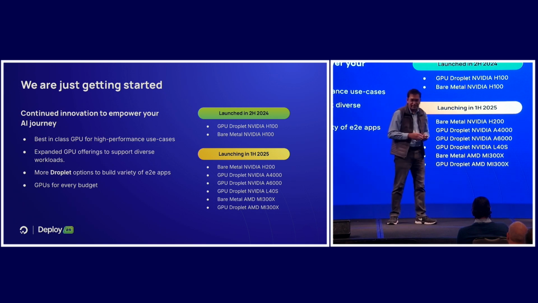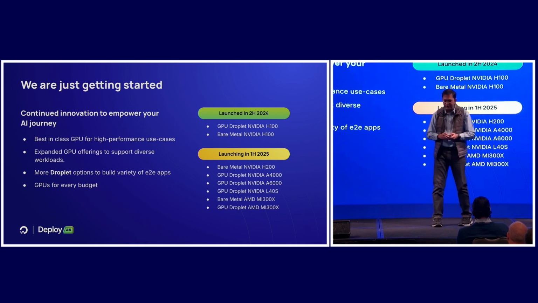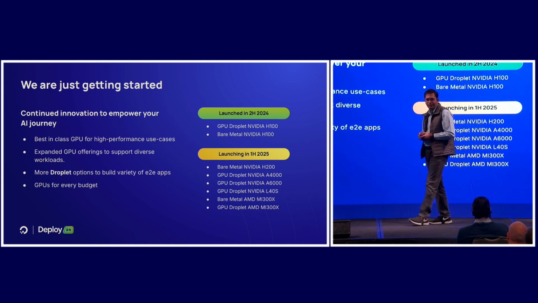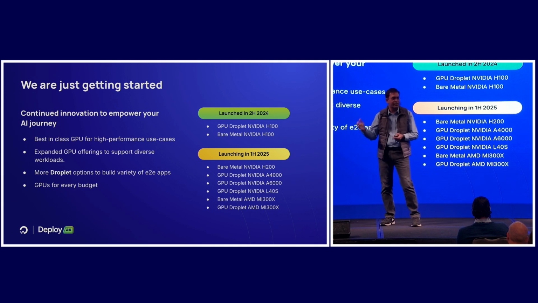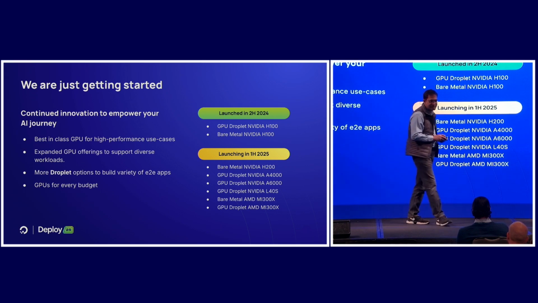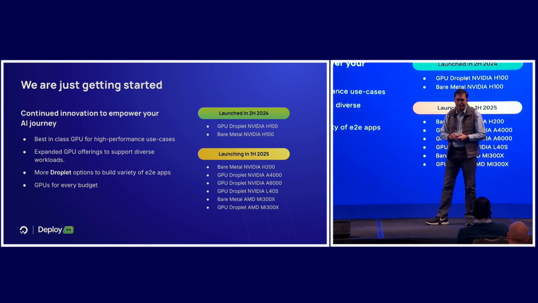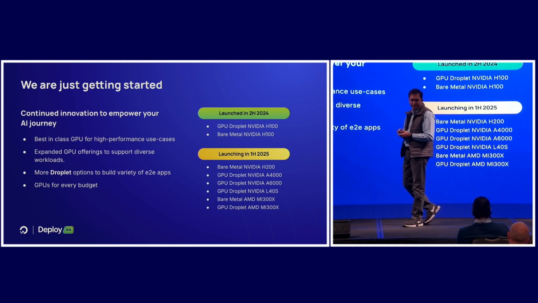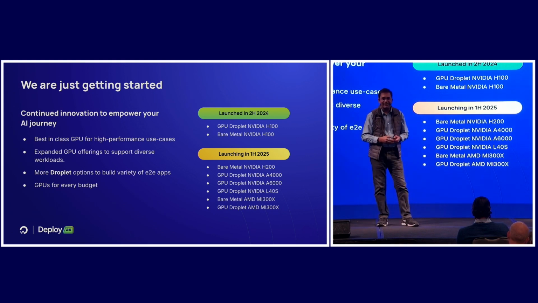Also, I'm very excited to announce MI300X from AMD that we are going to bring to you in a matter of months. As our data center team is accelerating the pace at which we build out these servers and GPUs, I can't wait for all of you to look at the options available to you and build the next app based on the use cases you have.